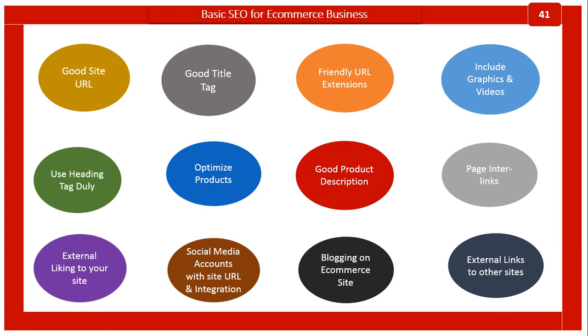Now, the first one is to get a good URL. Get a good URL that people can easily remember, people can easily search for. If you get a very complex or very long or difficult URL, people might not remember going to your store.